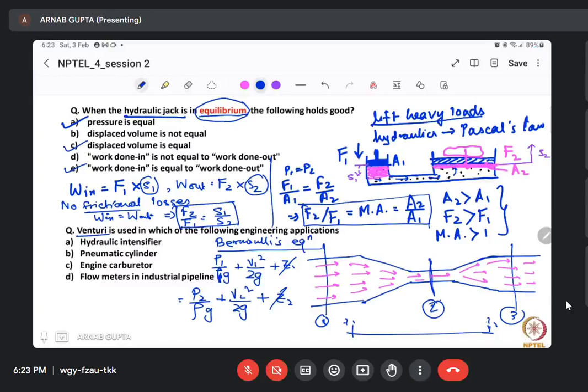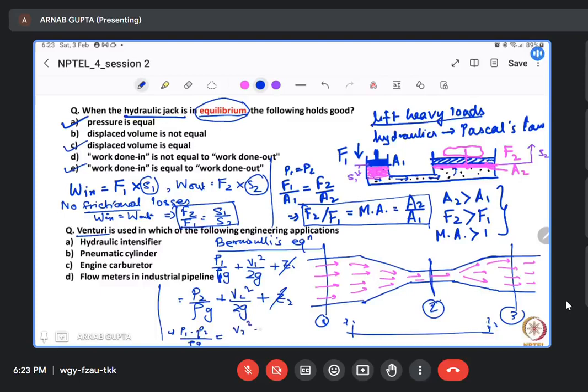Okay. From here you can write (P1 minus P2) by rho g is equal to (V2 square minus V1 square) by 2g. Okay.